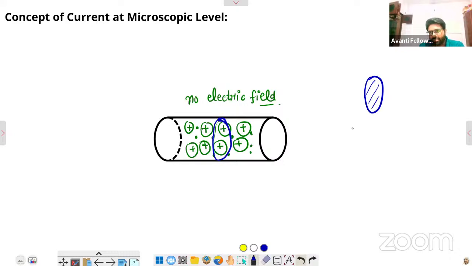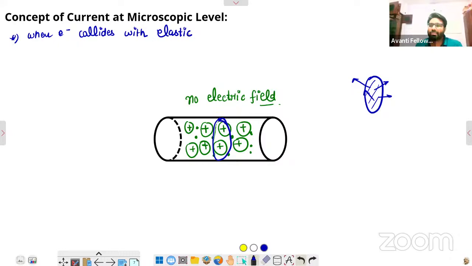Okay. So what we observe is that these electrons are moving here and there. The first concept you need to know is that when electrons collide with each other, it is an elastic collision. In that elastic collision, there is no loss of momentum and no loss of kinetic energy.